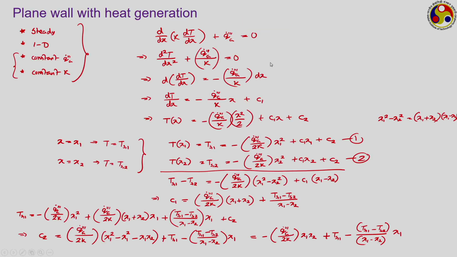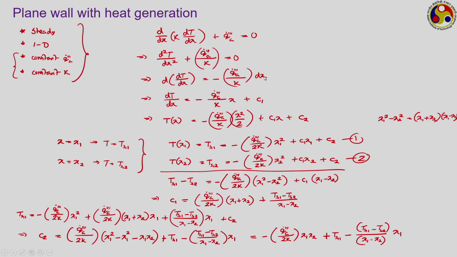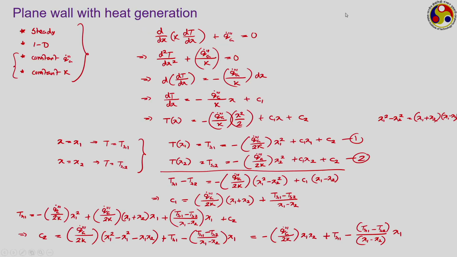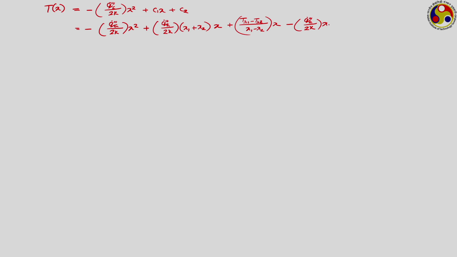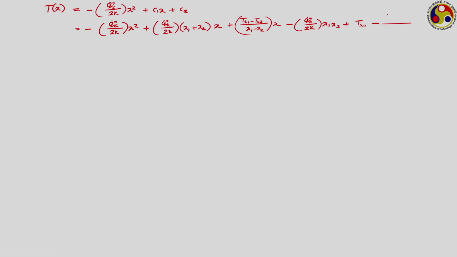So, this is the expression for C 1 that we have developed, and that straightforward way I have put there as C 1 into x, and now the expression for C 2 can go there as well, which is minus q 0 triple prime upon twice k into x 1 x 2 plus T s 1 minus T s 2 upon x 1 minus x 2 into x 1.